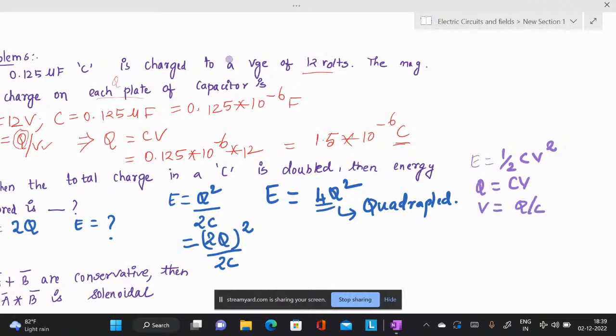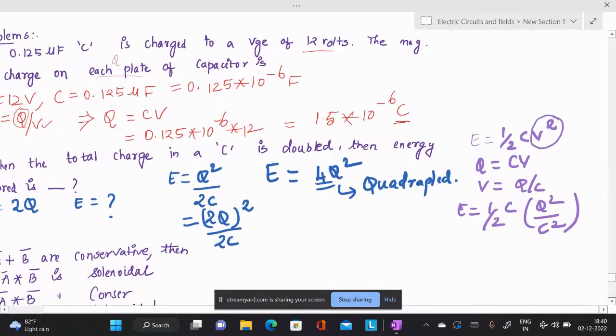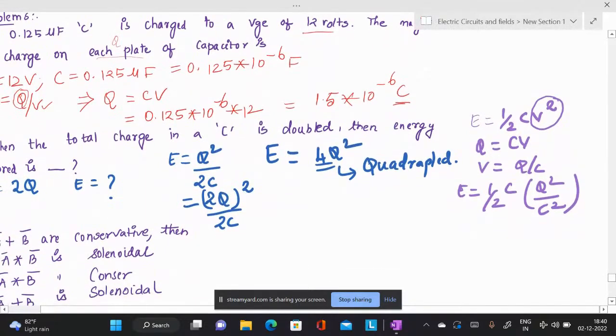So instead of v, if we substitute, E equal to half c into q square by c square. Yes or no? Am I correct? Now this can be rewritten as half q square by c.